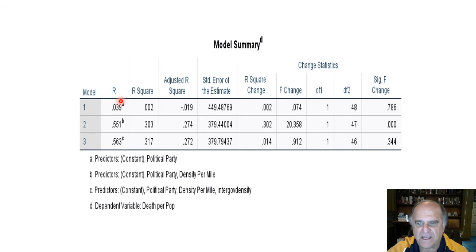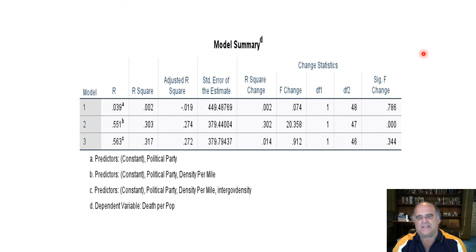So we can see here, if we look at our model, our R, you can see political party actually is not significant. Density per mile is significant. And then the model that has the interaction is also not significant. So again, here's our R's, our R squares, our adjusted R squares.